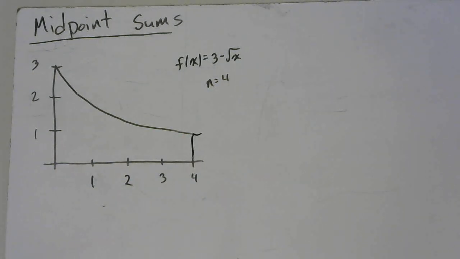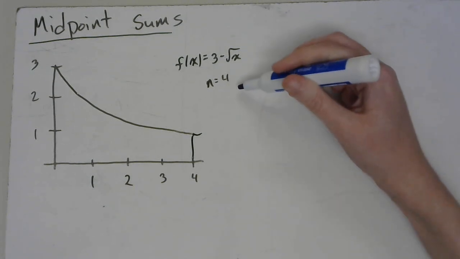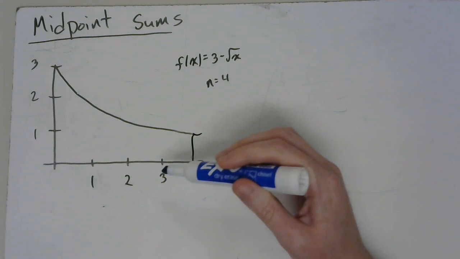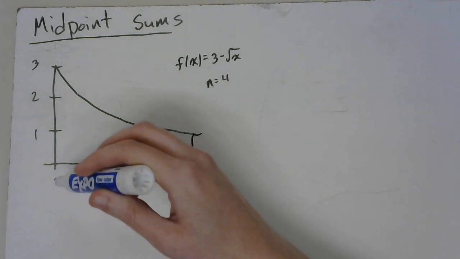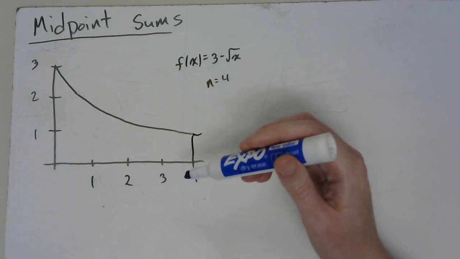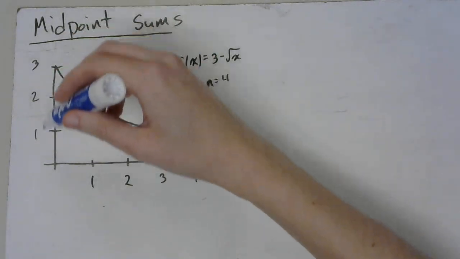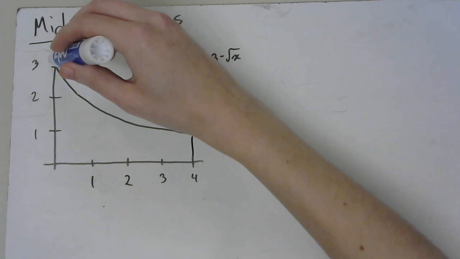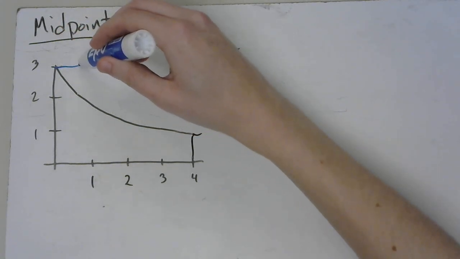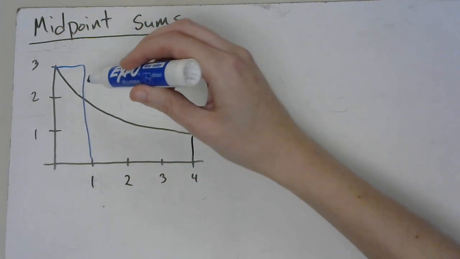And so with, say, left Riemann sums, we'd say, okay, we want n equals 4 subintervals. It looks like that subdivides quite neatly. Each rectangle has a width of 1 unit. So I'll start on the left side of this first subinterval, trace where my y value is, that's up at 3, and create a rectangle like that.